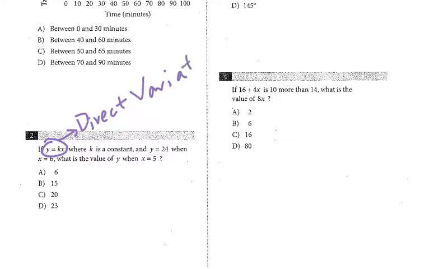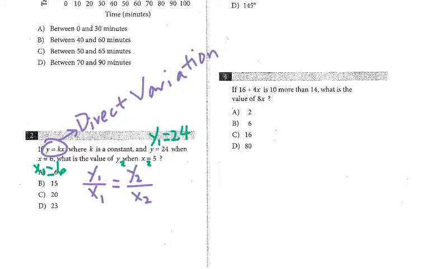For direct variation, we can set up y1 over x1 equal to y2 over x2. So first we can label y1 equals 24, and x1 equals 6. We already know x2 equals 5, and we're looking for y2.